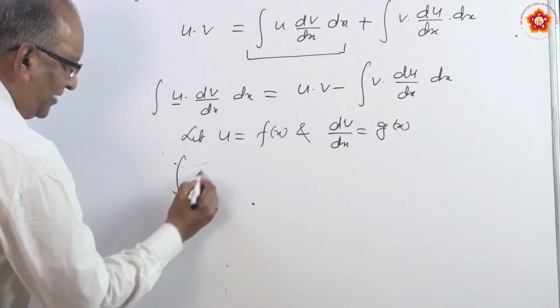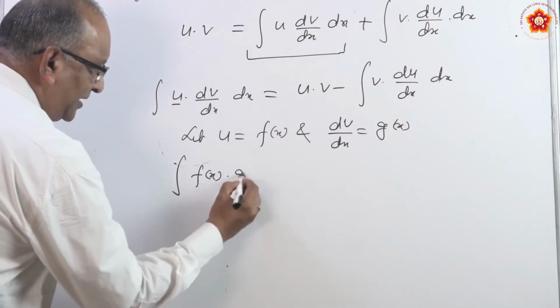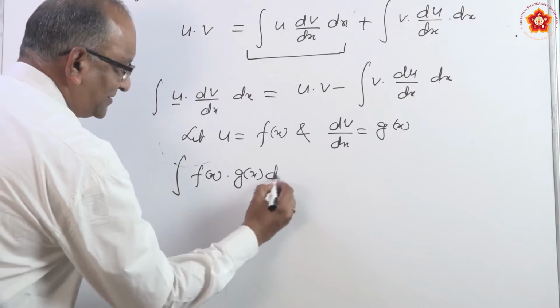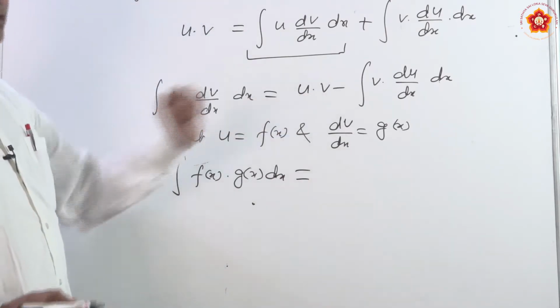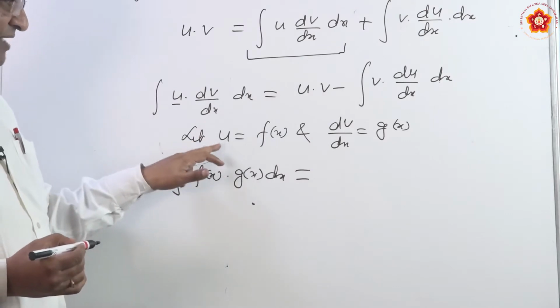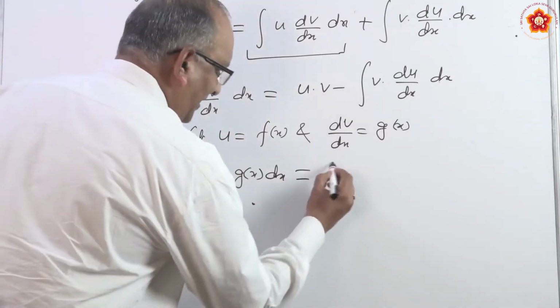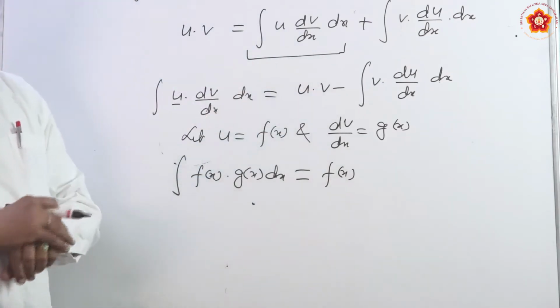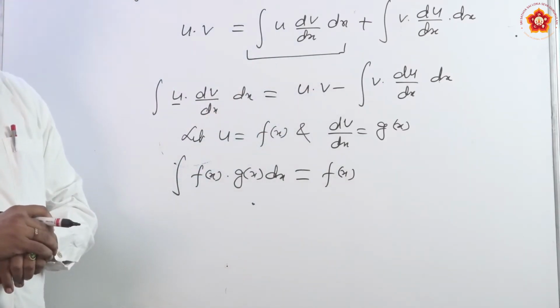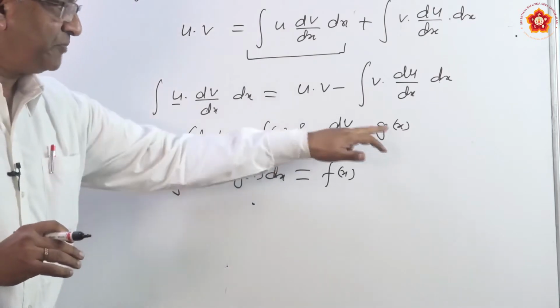So, the integral of f(x) into g(x) dx equals, what do we have? u into v. We assumed u as f(x), so write f(x) as it is. Along with that, we have v. How do we get v? In order to get v, integrate both sides.